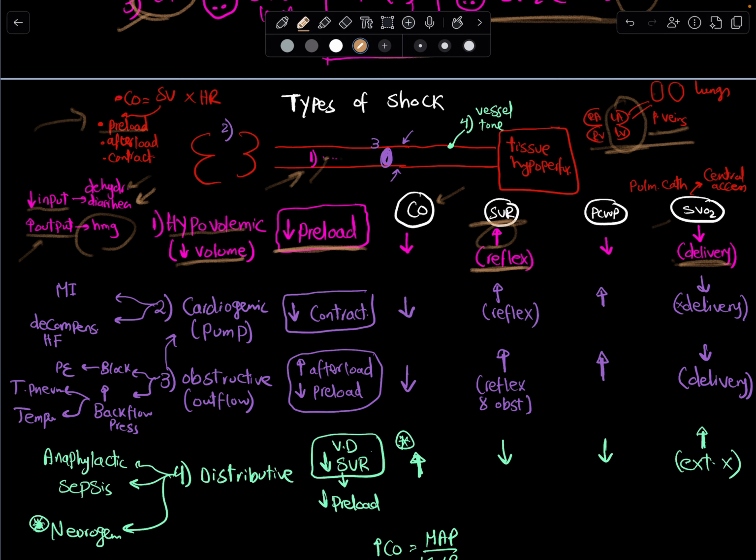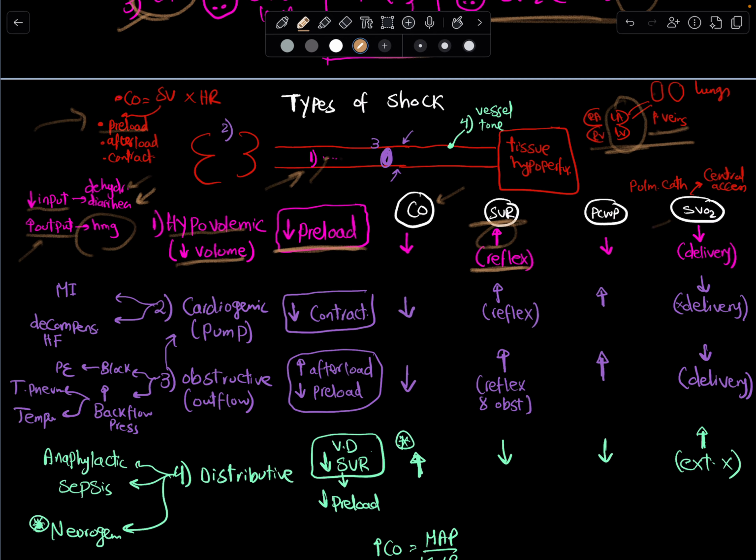So here again, you have low volume, so you have a decrease in the pulmonary capillary wedge pressure, which is the opposite of cardiogenic shock, where there is volume overload, a backup of outflow to the lungs, and congestion in the veins. So you'll find the PCWP is high, which we'll talk about in a little bit.